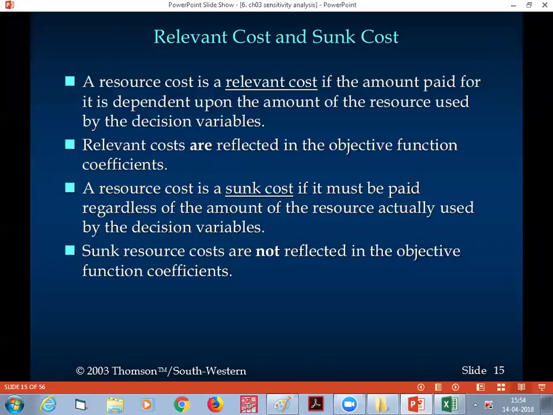But the overall hiring cost could be something like a sunk cost, because that may not be relevant in that particular project itself. But in different contexts it's different. From an organizational point of view, that may be a relevant cost. But from a project point of view, if you're optimizing one project, that may not be relevant.